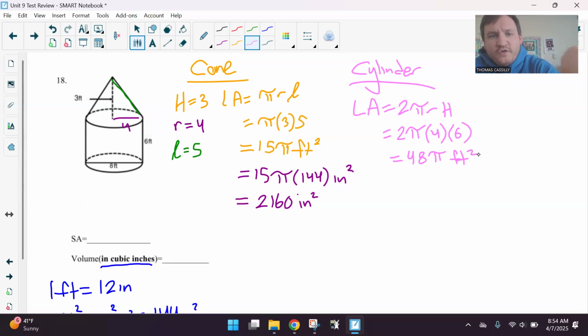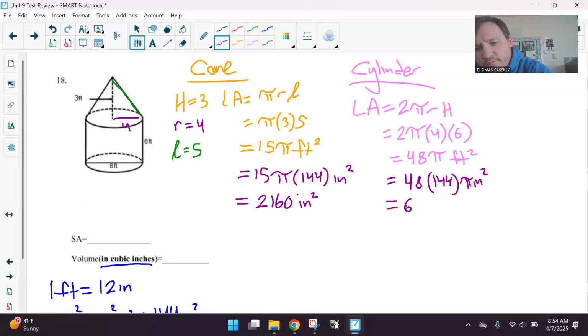So again, if I wanted inches, this is going to equal 48 times 144 pi inches squared, which gives us 6912 square inches. And the last thing we need is the base. The base on this guy is a circle.